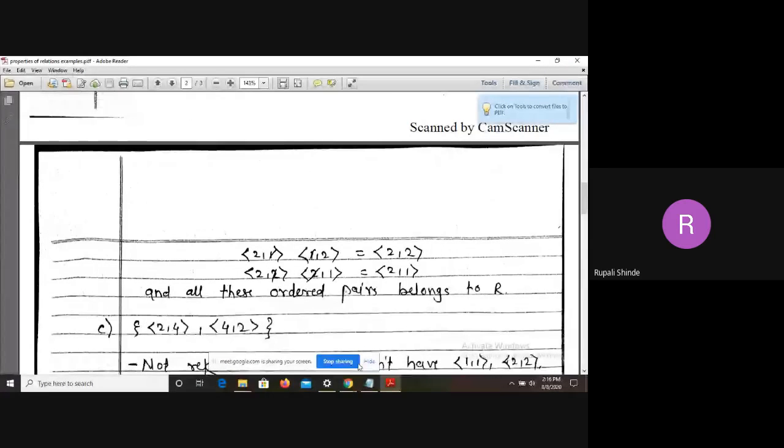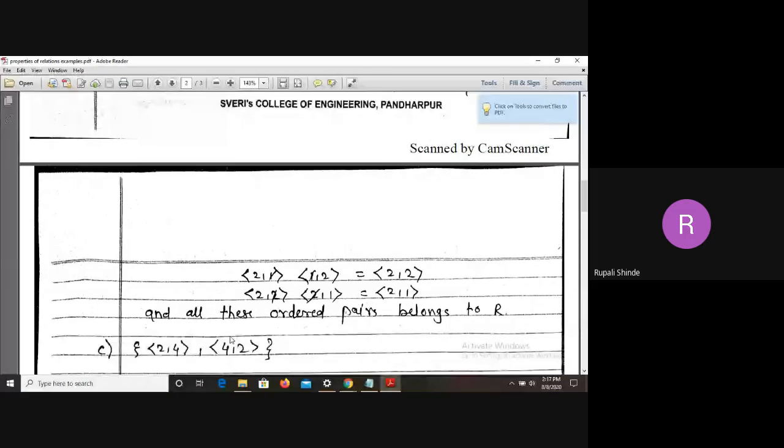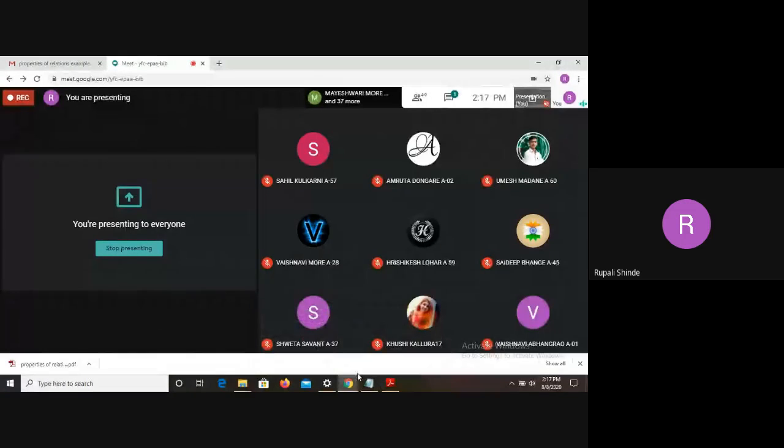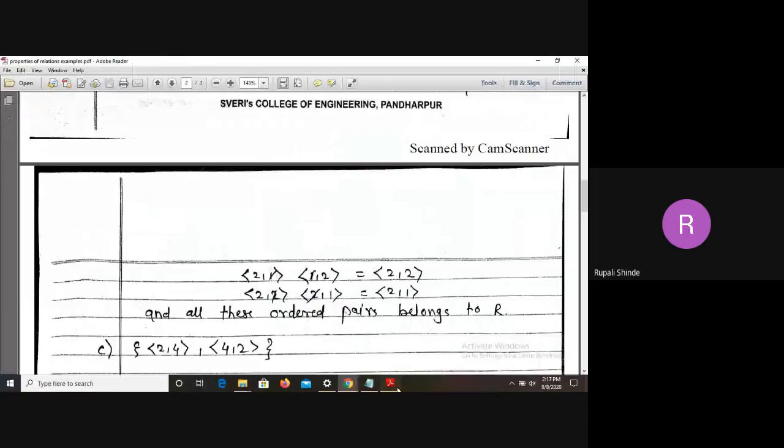So tell me whether this one is a reflexive relation. What are the properties satisfied by this relation C? Is it reflexive? No, not reflexive. Whether this one is symmetric. Yes, symmetric. Whether this one is transitive.